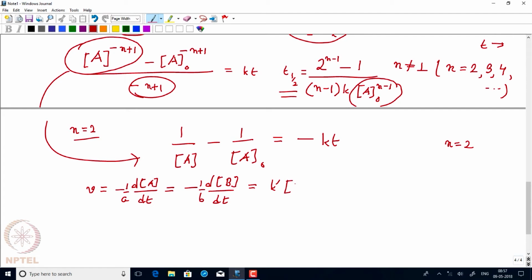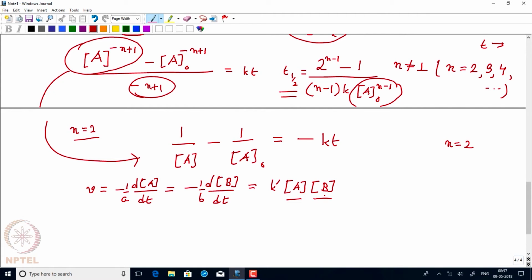And if it is found that the rate law is something like this, now it is different. It's not like a square. It is dependent on A and B, so it is first order with respect to A and first order with respect to B, but the overall order is still 2. So it is still a second order reaction, but a slightly different second order reaction.